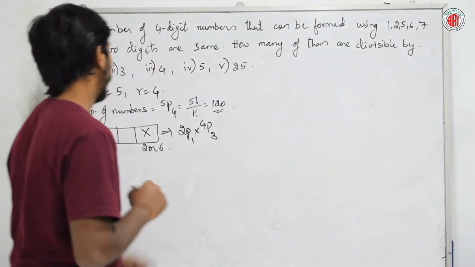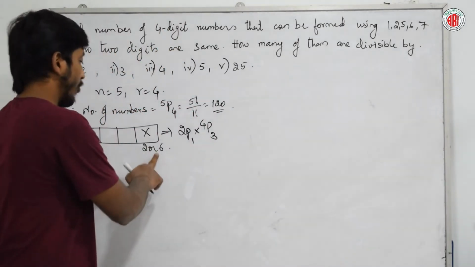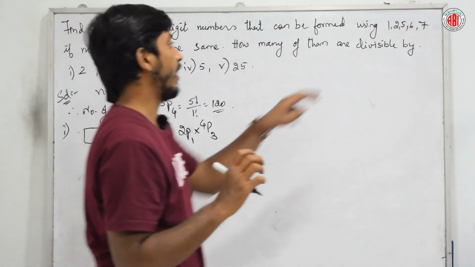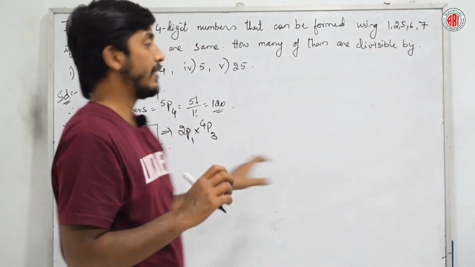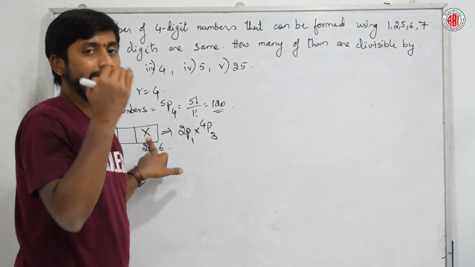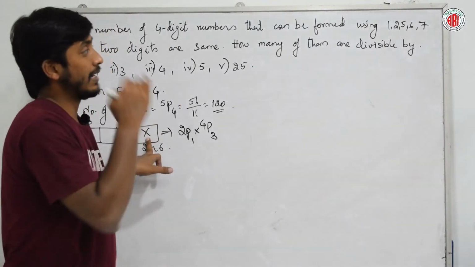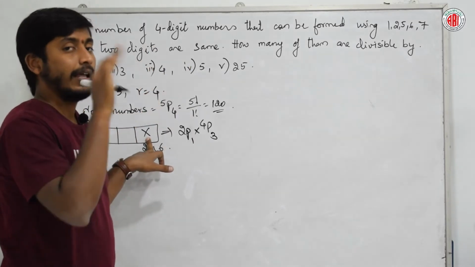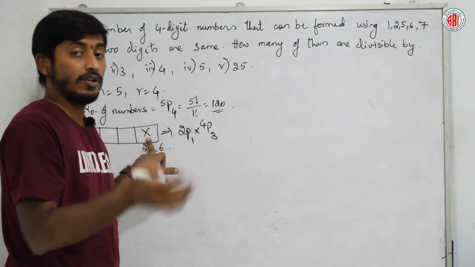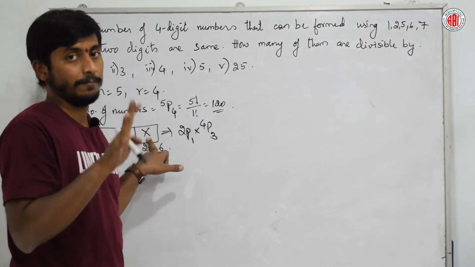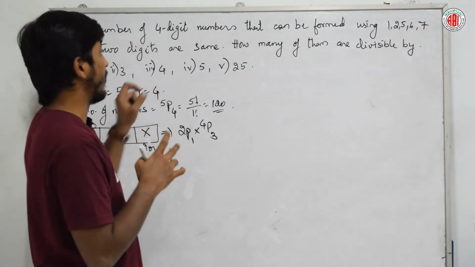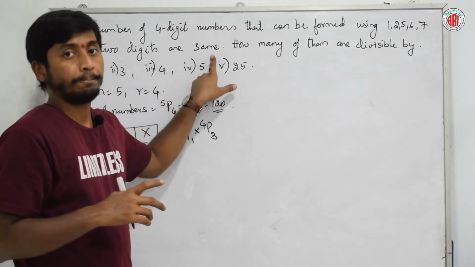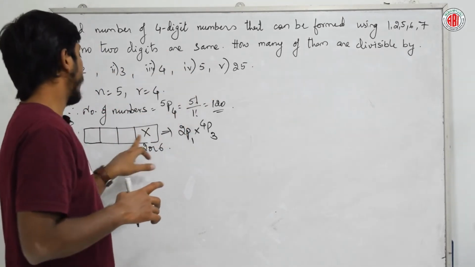Once again, see here. I have 4 positions and 5 elements to be arranged. Out of 5, 2 and 6 can be placed in the last position. Let us say 2 is placed, we will still have 4 elements, 1, 5, 6, 7. Let us say 6 is placed, we will have 4 elements, 1, 2, 5, 7, because there is no repetition. Remember, no 2 digits are the same.